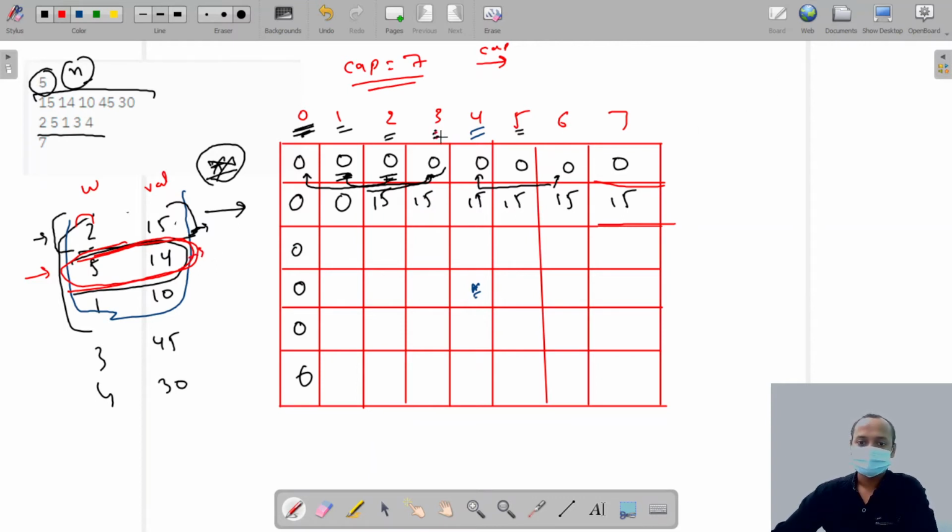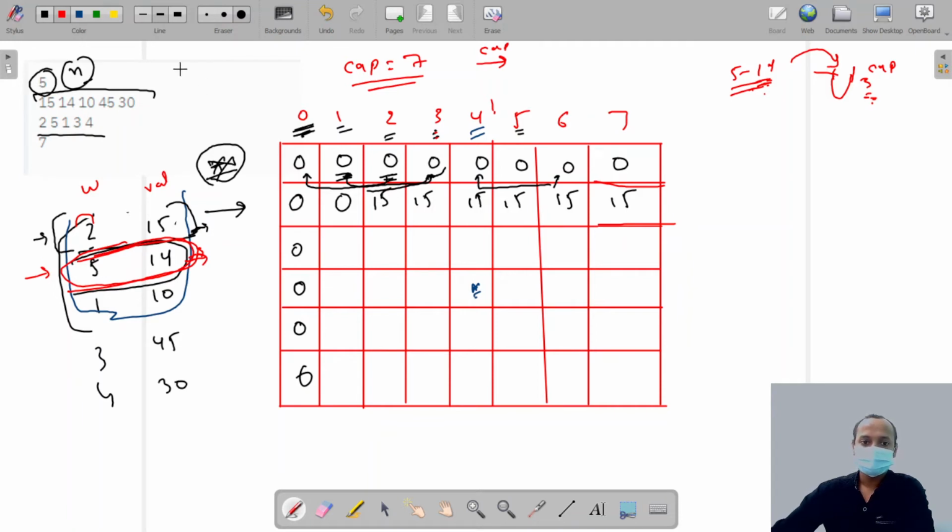Suppose the capacity of the bag is 3. So can we put this item in our bag? No, we can't, because the capacity is less than the weight of the item. So we can't put this item in our bag. So till 4 we can't include this item.